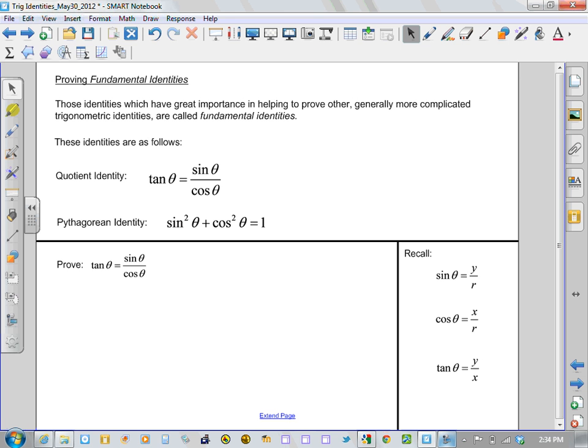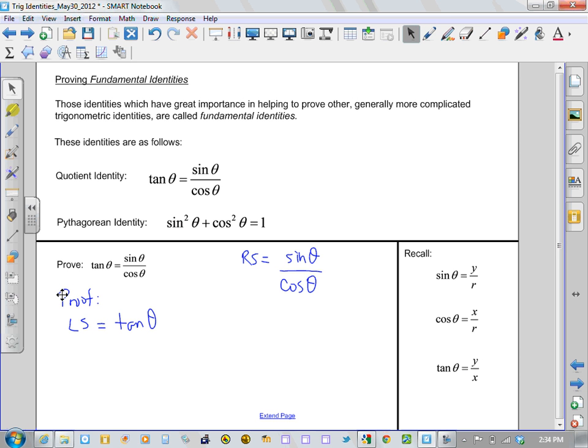Okay, so let's have a look at the first one, where it says that tan theta equals the sine of theta divided by the cosine. In our proof, we will formally begin by dividing the left-hand side from the right-hand side. We'll then go ahead and work with the more complicated looking side, which would be the right-hand side.